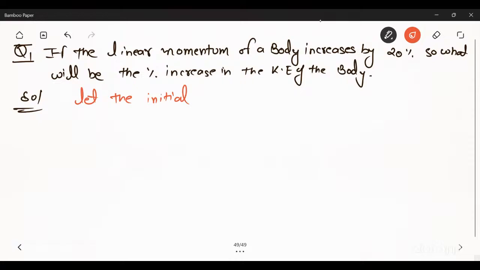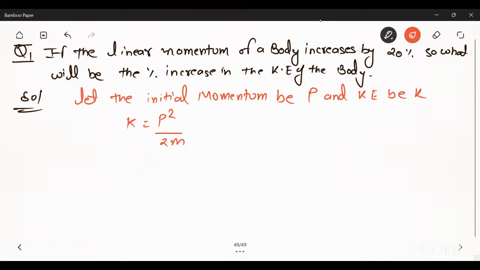I have proved in a previous video that KE is equal to P square by 2m. So we know that K is equal to P square by 2m.